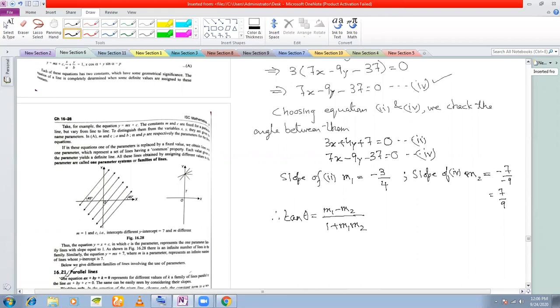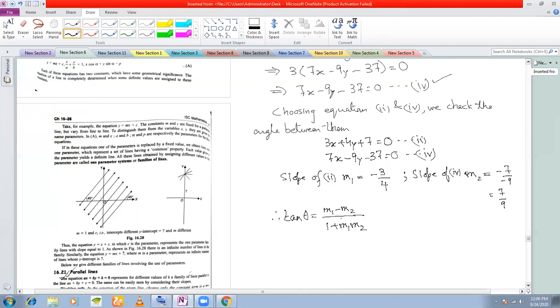We'll simply work with the positive sign, because we are concerned with the acute angle. Even if you work with the positive sign, later on you will get two angles, one acute and the other obtuse.